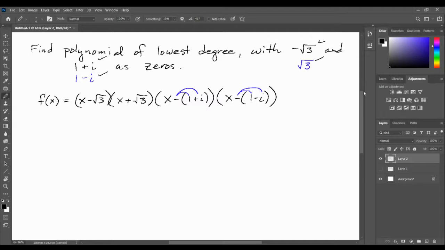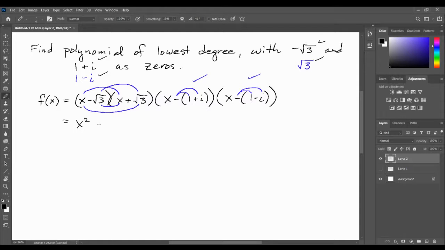I might forget to negate the second term in the binomial if I'm not careful with that. I am going to do a couple of things here. First, I'm going to FOIL these two, and then I'm going to rewrite these two with that negative distributed, and then I'll FOIL those.